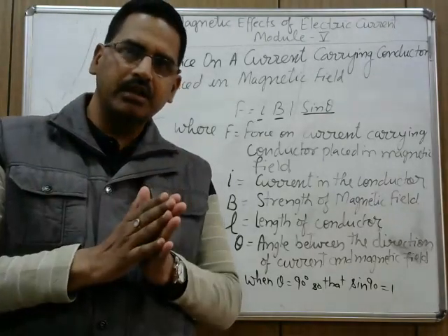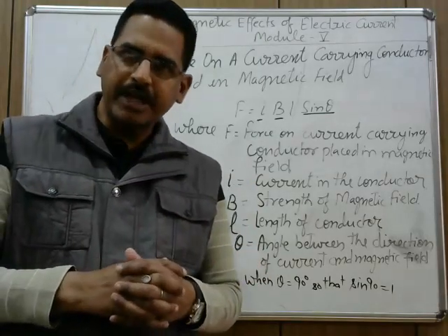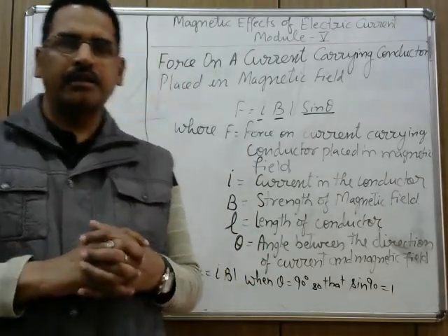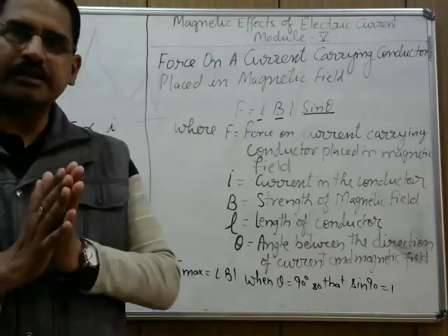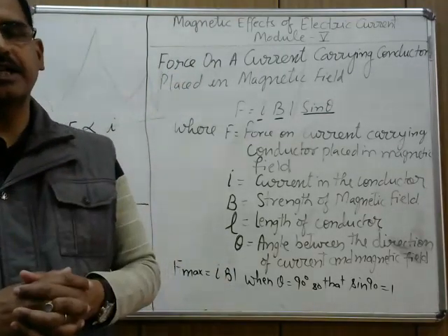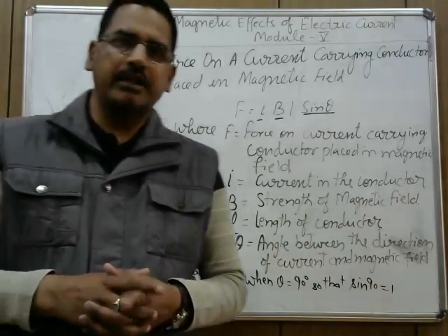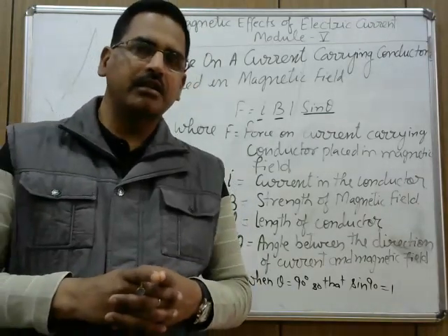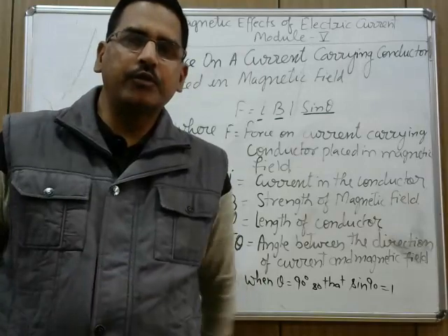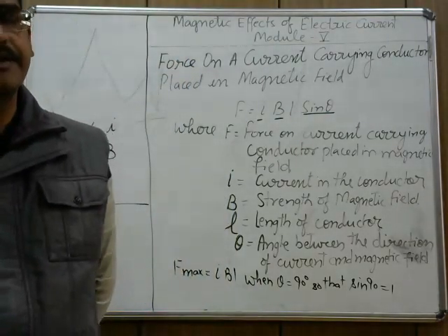In other words, the force on the current carrying conductor will be maximum only when the conductor is placed perpendicular to the magnetic field, because in that condition only the angle between the direction of current and the direction of magnetic field will be 90 degrees. So the force is maximum when the conductor is placed perpendicular to the magnetic field.